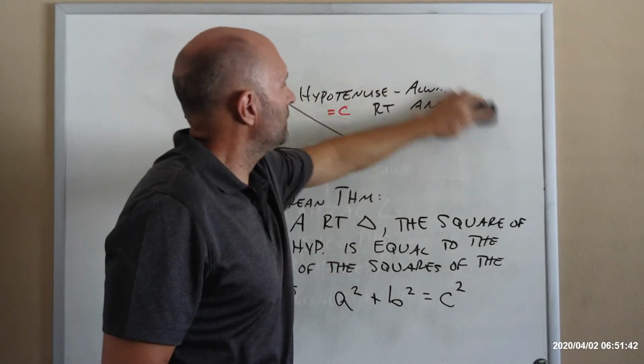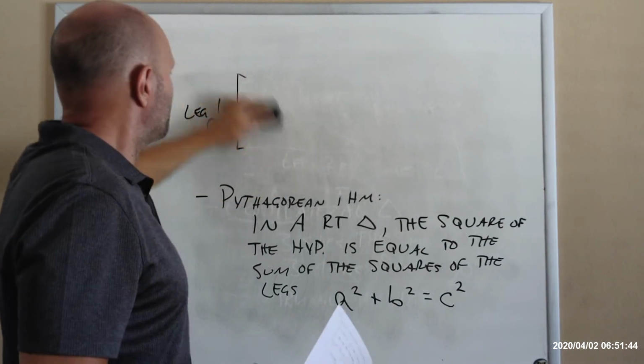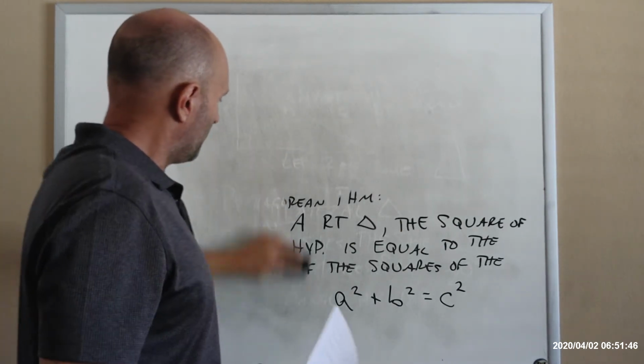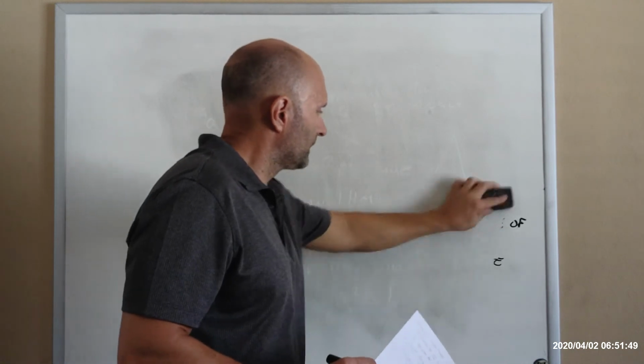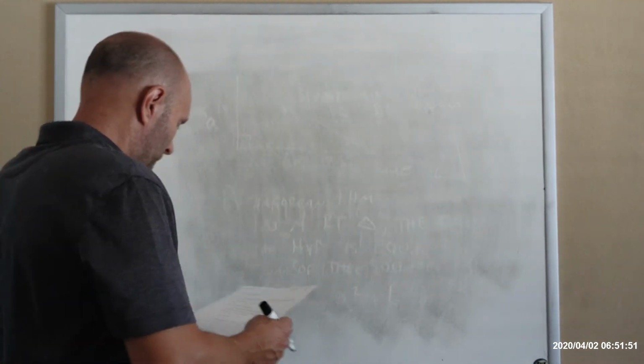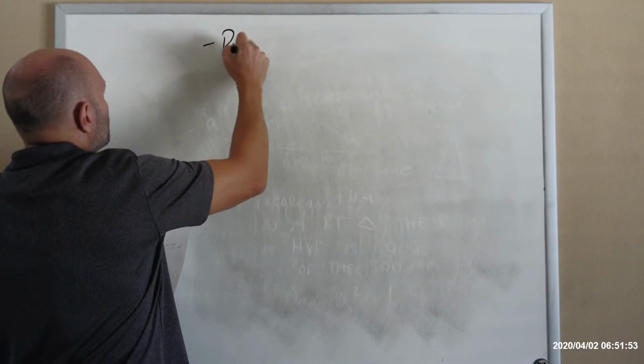So we have a special class of right triangles from Pythagoras himself. Because of this formula, they're called Pythagorean triples.